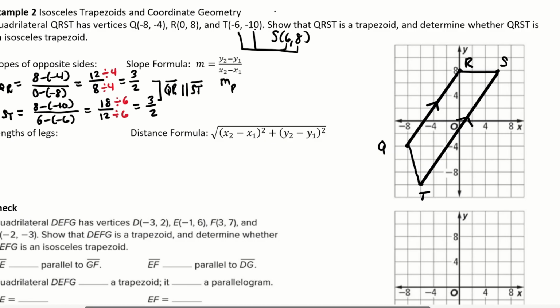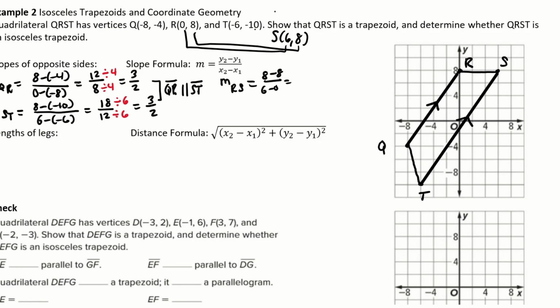Slope of RS: subtract the y coordinates, 8 minus 8, and subtract the x coordinates, 6 minus 0. So you get 0 over 6, which is 0. That's what we're saying, it's flat. Now, if that's flat and this is not, then they cannot be parallel. But let's just do it anyway.